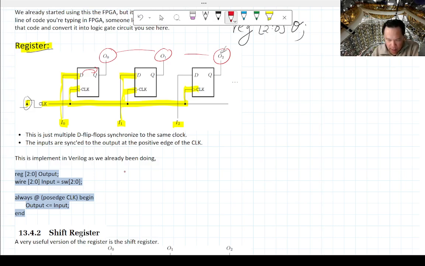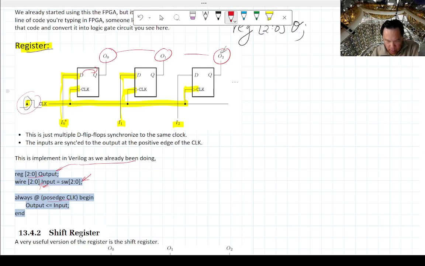You've already been seeing this. Let's say I made a 3-bit register here, with output, and I made the input with a capital I, so don't use the lowercase i, because that's a special key in Verilog. I map these to the switches, and you give it a positive edge, like this.